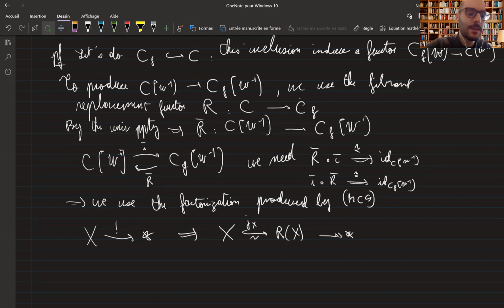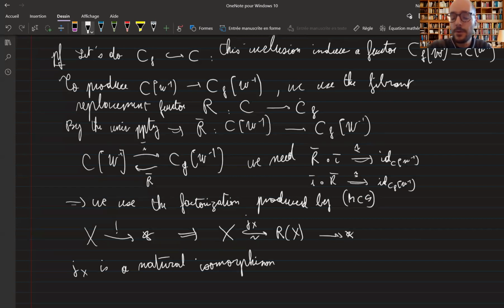Then you can check that Jx is a natural isomorphism. So it is natural because I assumed that factorization were functorial. So this thing here is natural. And it is an isomorphism in the homotopy category because it is acyclic.